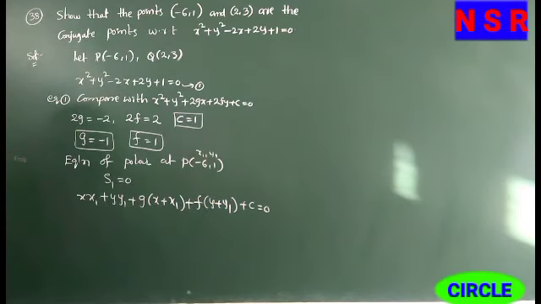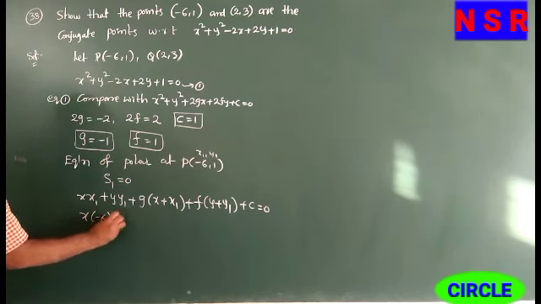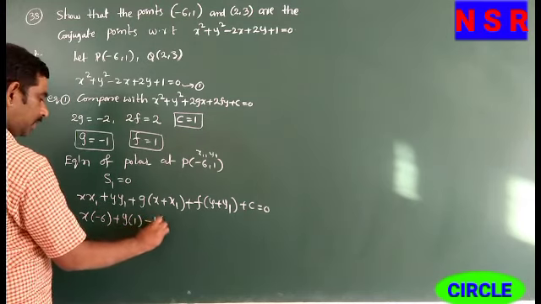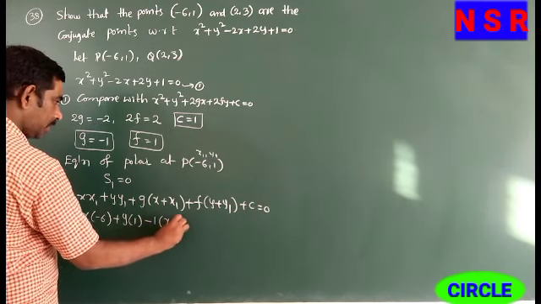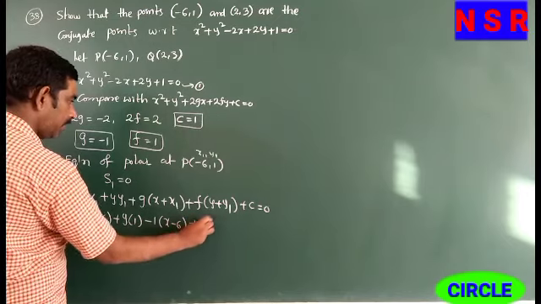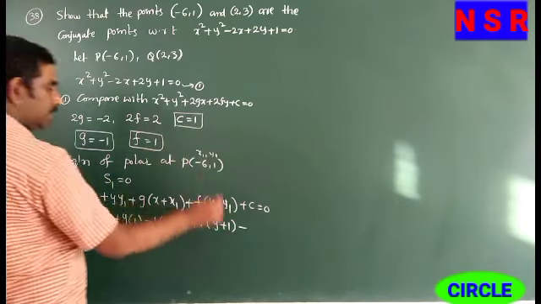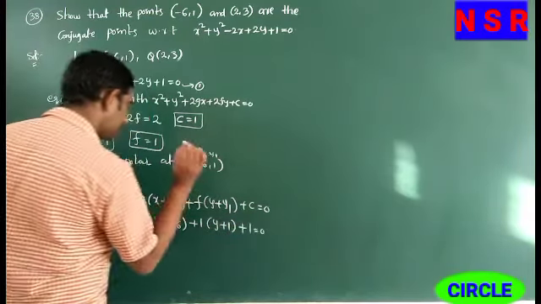Now substitute the values. x into x1, that is -6, y into y1, that is 1, next g is -1, into (x + x1), that is -6, and f into (y + y1), and c value 1, equal to 0.